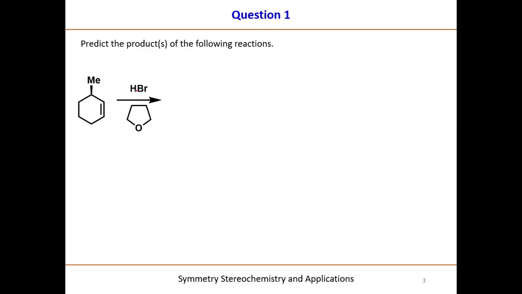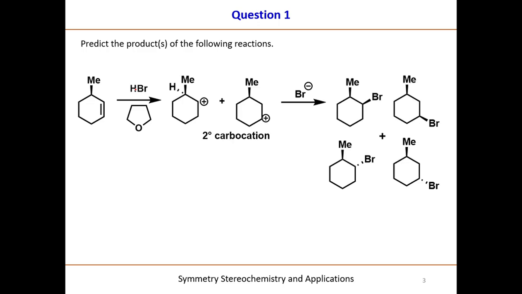So what will happen in this reaction? Any guesses? There is a possibility of different products. In the first case, carbocation formation will take place at the alpha position to the methyl group.